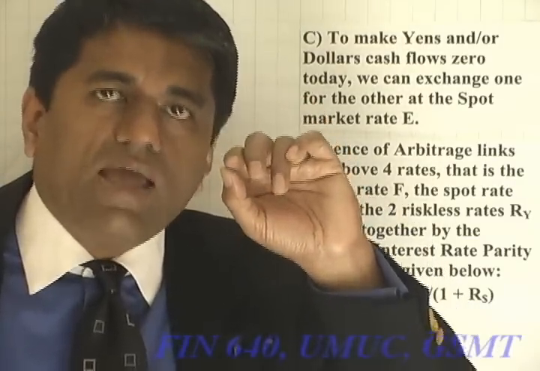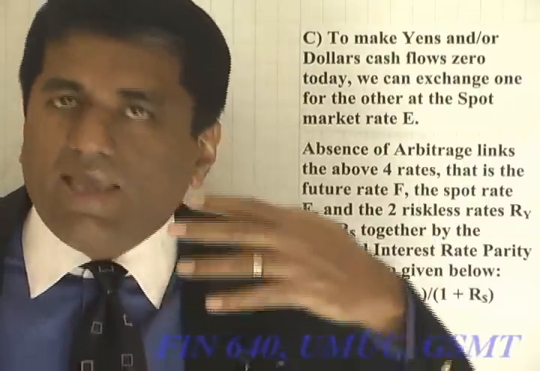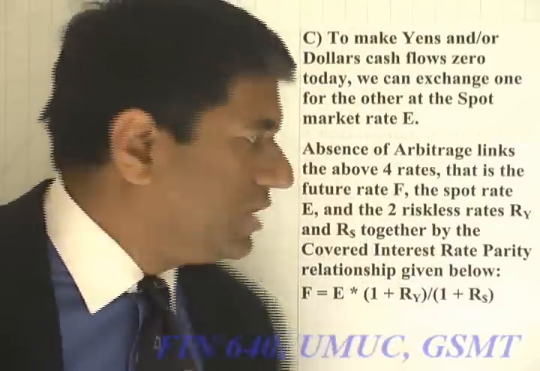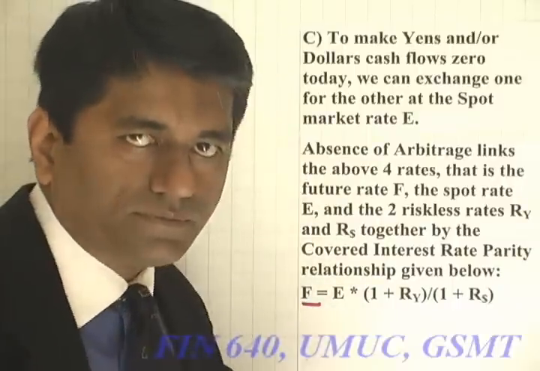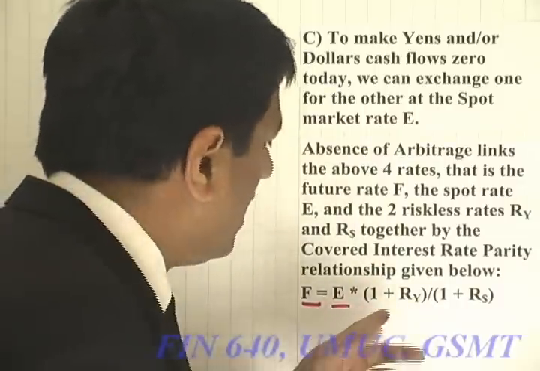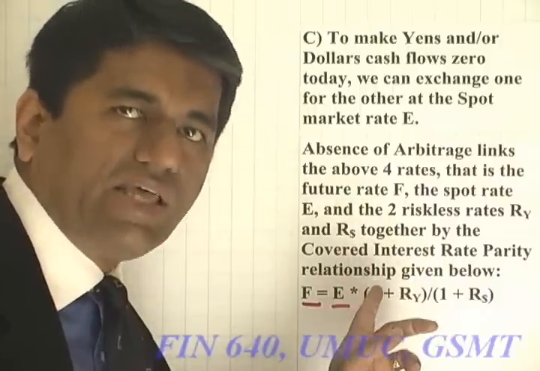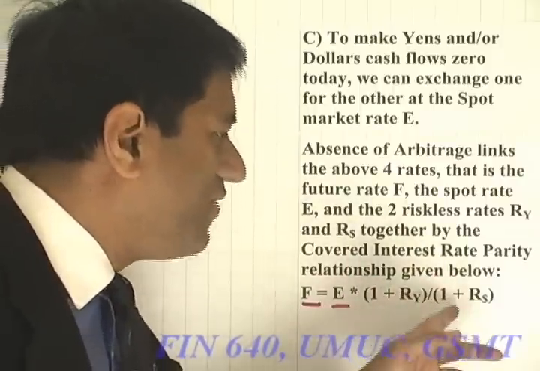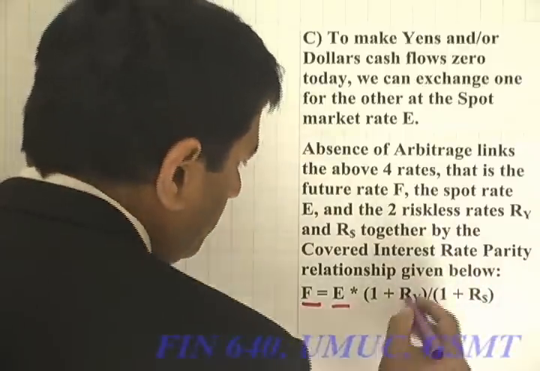Now this parity relationship, which is derived from arbitrage considerations, is that the futures rate must equal the spot rate into 1 plus the riskless yen rate divided by 1 plus the riskless dollar rate.